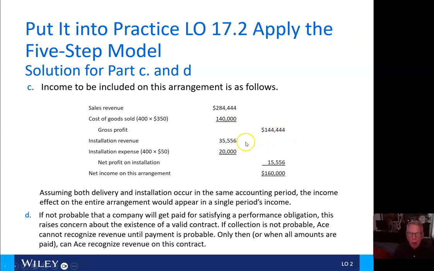And then below the line, we have installation revenue and the expense of that installation revenue. So we have net profit on the installation. And the net income on this arrangement, therefore, is $160,000.